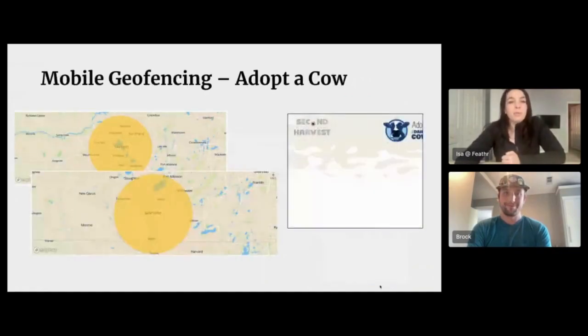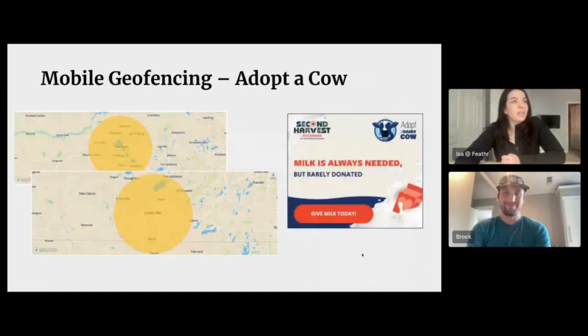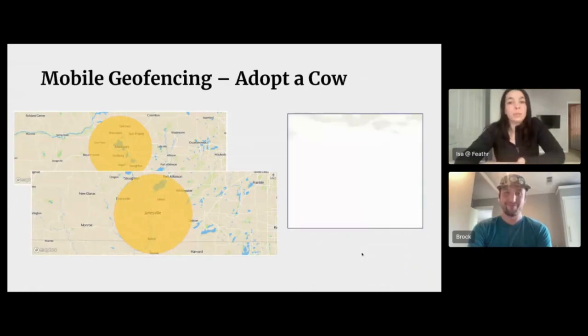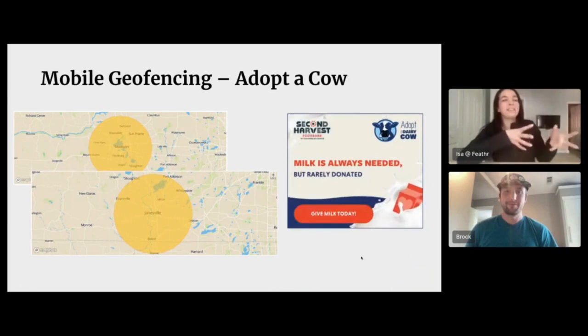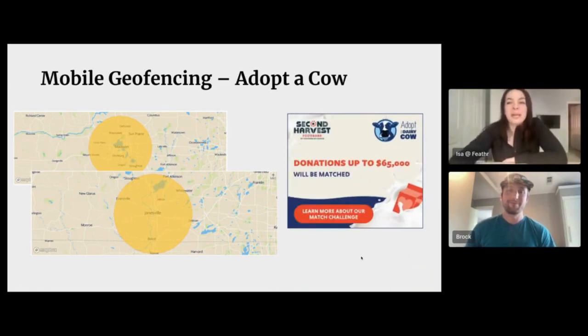This mobile geofencing campaign was for their Adopt a Dairy Cow initiative. The food bank had this initiative around delivering milk to neighbors experiencing food insecurity. So the idea is that you can adopt a cow, which is obviously a big ticket item. I looked at the page on the site for this, and they have a little adoption form and stuff. So they make it very cute.